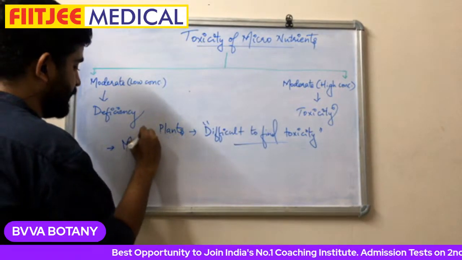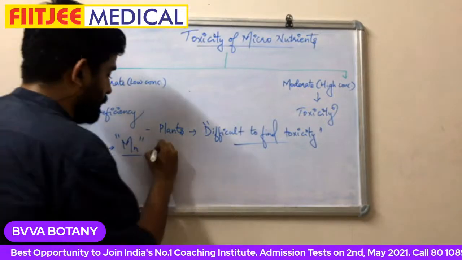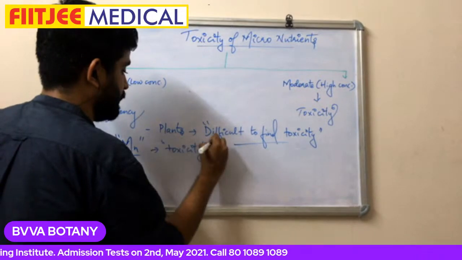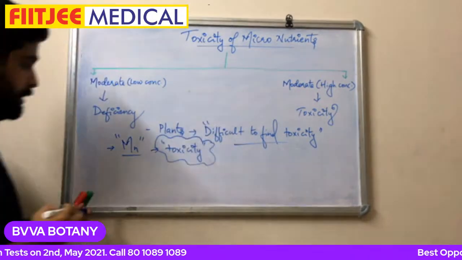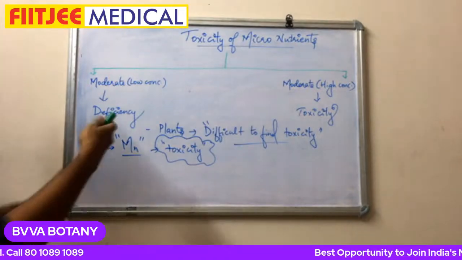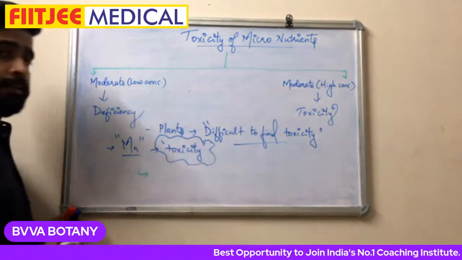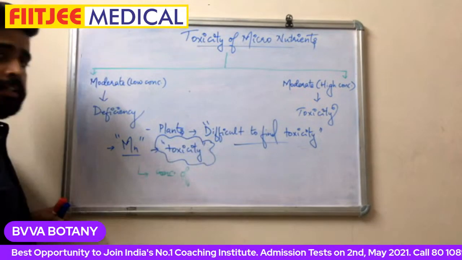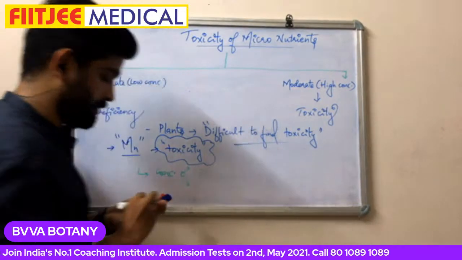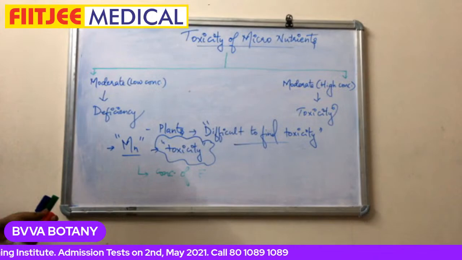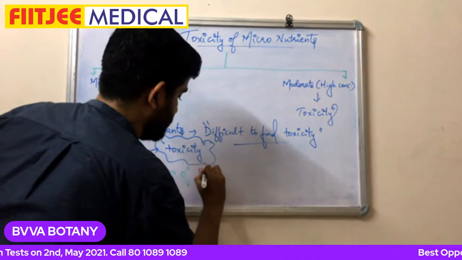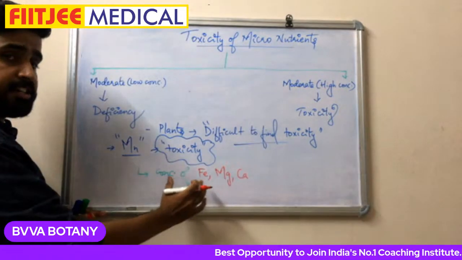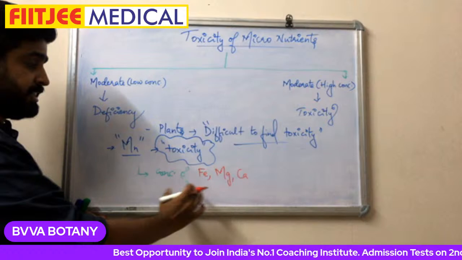Let us take the example of manganese. Excess manganese causes some toxicity. Due to the greater presence of manganese, the concentration of a few other elements, namely iron, magnesium, and calcium, what will happen?